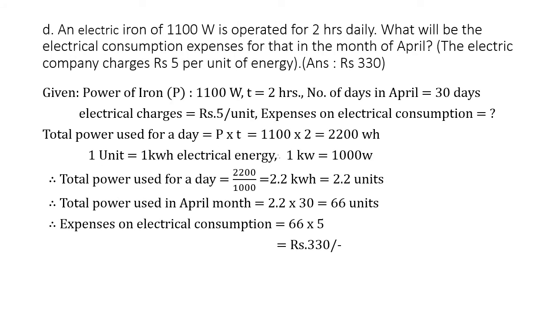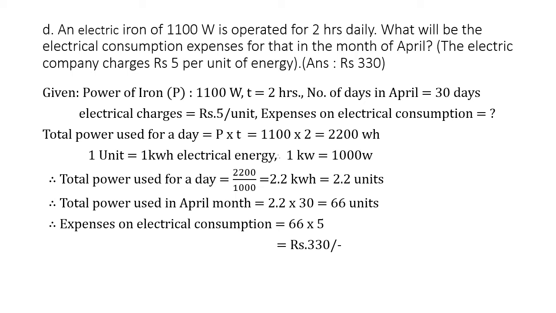Question number D. You can apply this in your day-to-day life at home to find out your electric bill. An electric iron of 1100 watt is operated for 2 hours daily. What will be the electrical consumption expenses for the month of April?